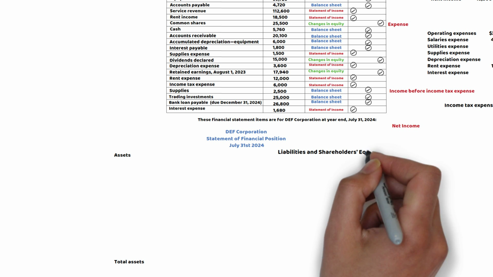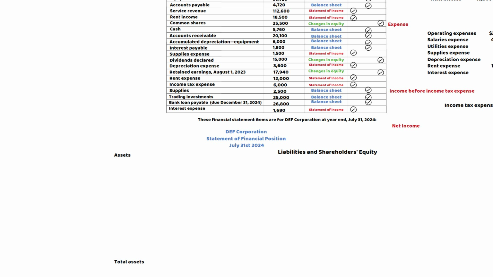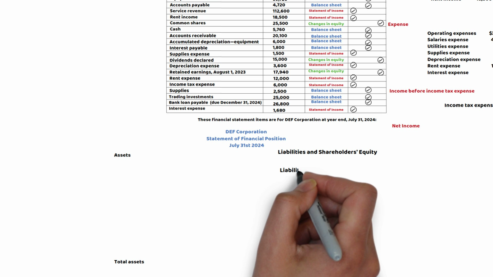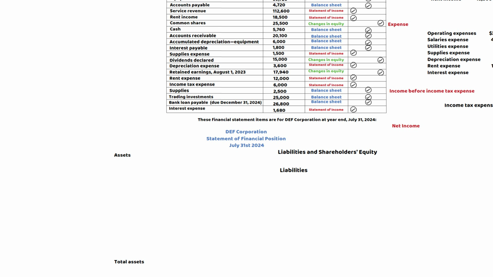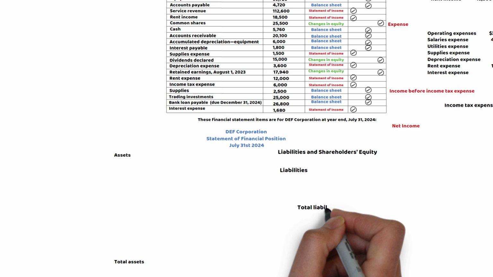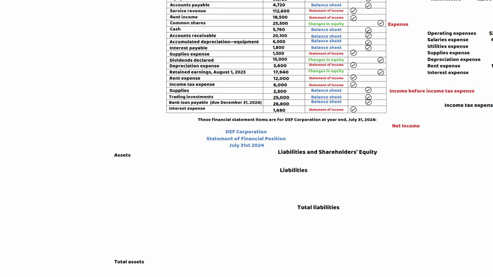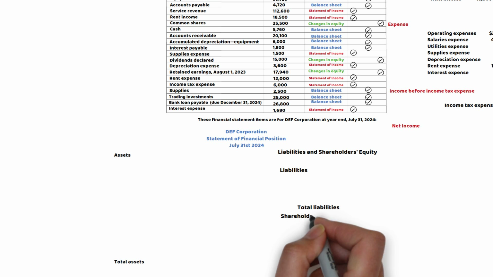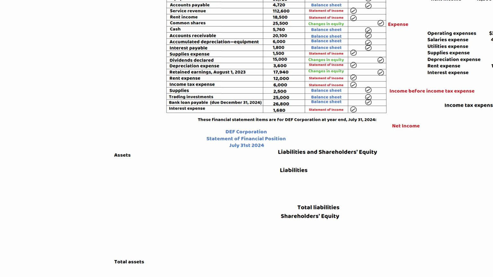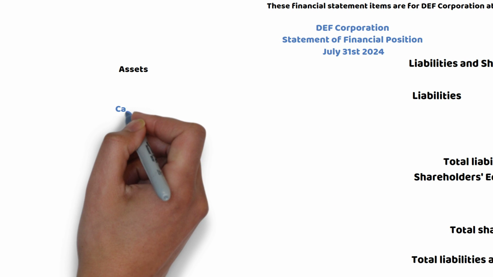Under this section, you have two subsections: the liability section, where you figure out your total liabilities, and the shareholders' equity section, where you figure out your total shareholders' equity. Then you have a grand total, total liabilities and shareholders' equity, and this number is supposed to be equal to the total assets.